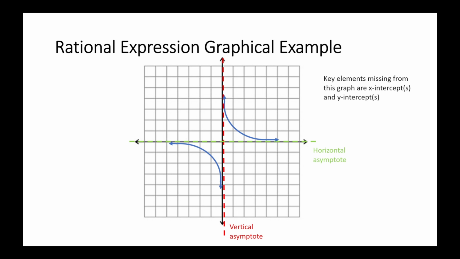Now, note also, and this isn't unique exactly to rational expressions or equations, but to graphs in general, usually you have an x-intercept or multiple and a y-intercept or multiple. But if you look here, neither of the blue lines are touching the x-axis or y-axis, and that's okay in this case because they're asymptotes. In fact, the x and y-axis are the asymptotes of this equation.